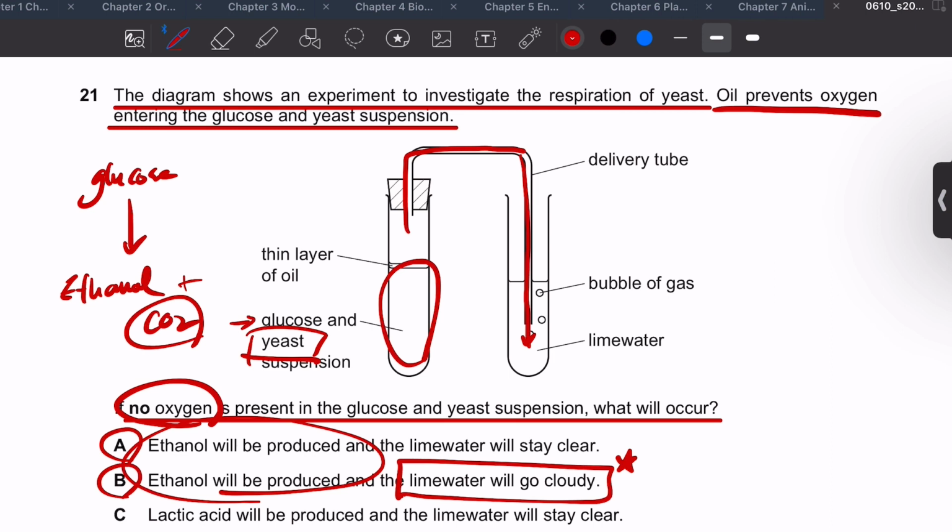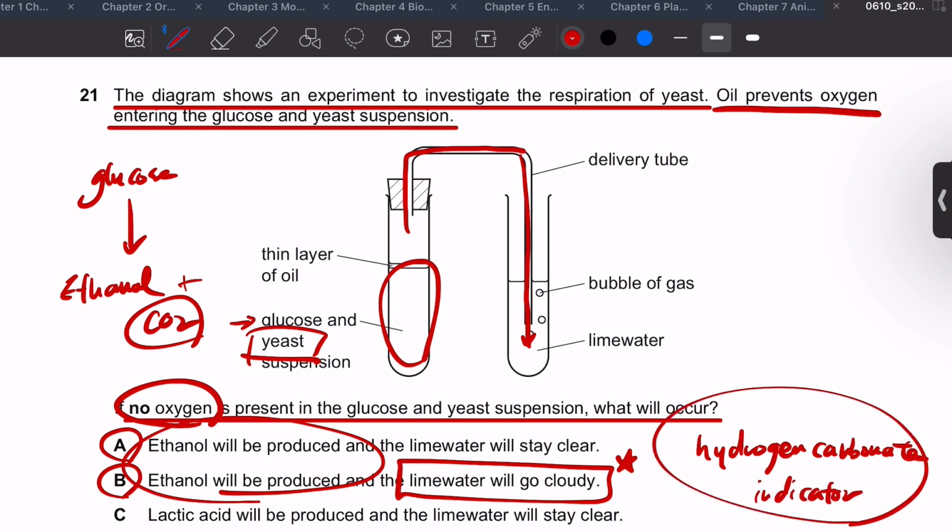So this is something that you guys just should remember. There's another indicator that will show the presence of CO2. It can actually show how much CO2 is present, not precisely how much, but if there are many carbon dioxide molecules or less. The indicator is called hydrogen carbonate indicator.